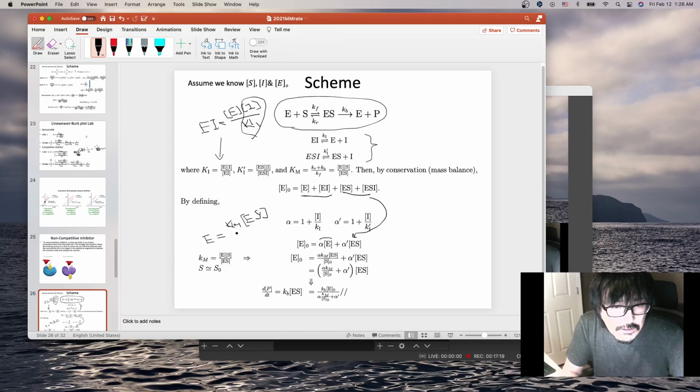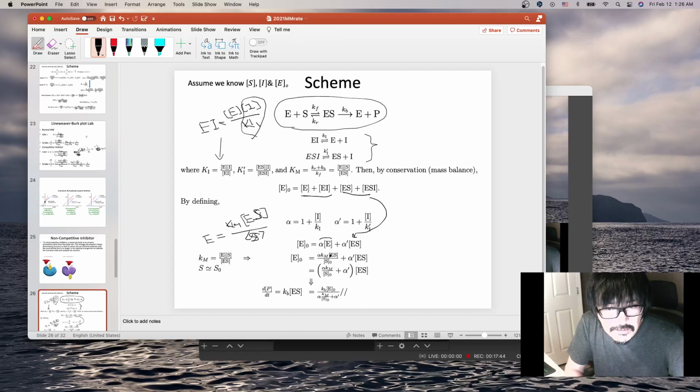I don't know why my pen is not working, but it's S, right? That's also S right here. So by doing that substitution, this term becomes that one, right?